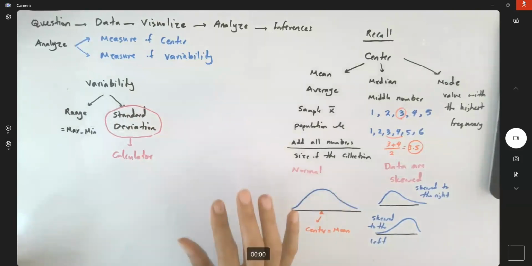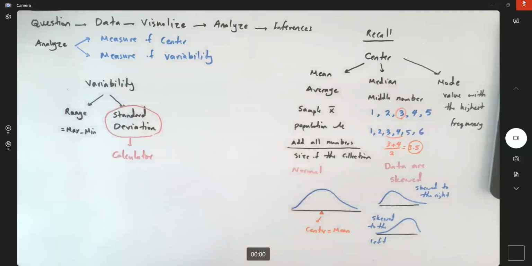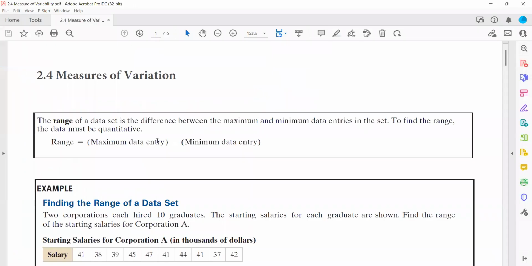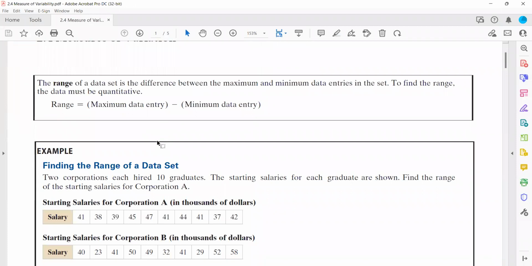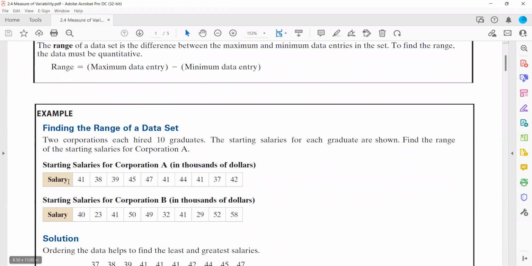Let's go over one example to feel more comfortable about finding the measure of variability for the data. Let's take a look at our note. Measure of variation. As you can see, the range is defined as the maximum value minus the minimum value. Let's take a look at our example here.